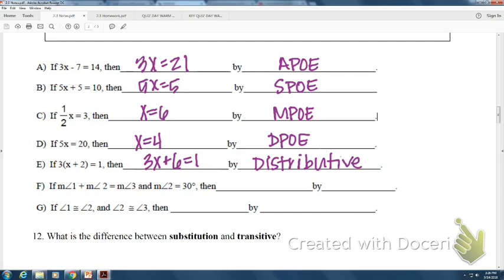If the measure of angle 1 plus the measure of angle 2 equals the measure of angle 3, and the measure of angle 2 equals 30, then the measure of angle 1 plus 30 equals the measure of angle 3. Very good. I'm going to run out of room. By what? Substitution. Very good.